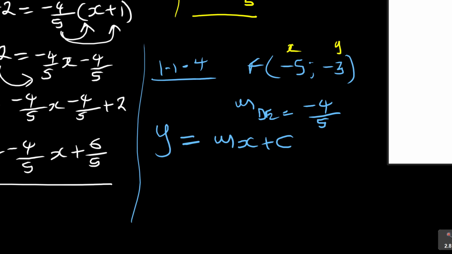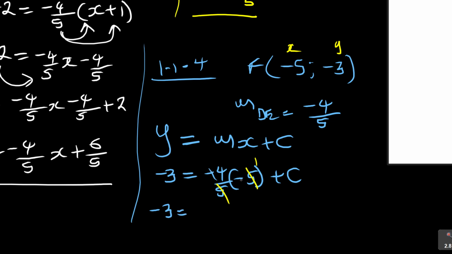Alright, so it will become y, which is negative 3, is equal to m. So this one allows me to find c, which is minus 4 over 5. X is what? There is minus 5. And then plus c. Then at this stage, I have to simplify. 5 cancels 5 to give me a 1 there. But negative is positive. So the answer is minus 3 is equal to what?